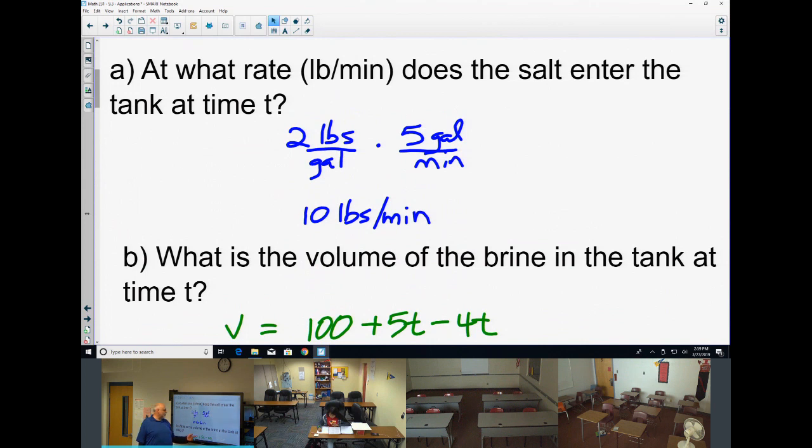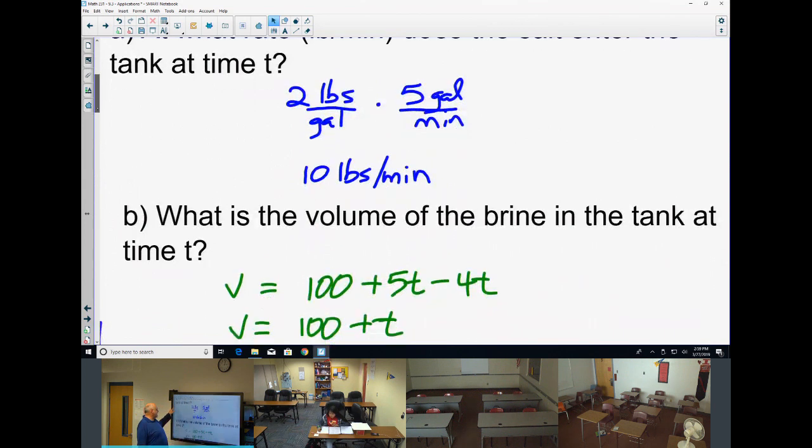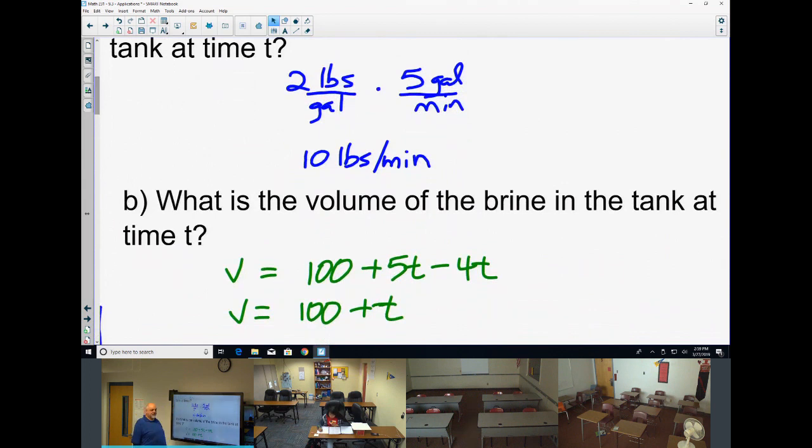So it's 100 plus 5t minus 4t, and then when you simplify that, it's 100 plus t. So that's the volume of the brine, not the salt. I misspoke earlier.